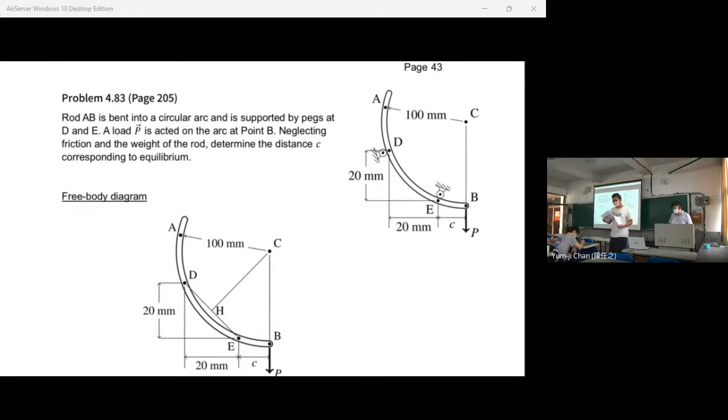Now, rod AB is bent to a circular arc and is supported by pegs at D and E. Load P is acting on the arc at point B, neglecting friction and the weight of the rod.